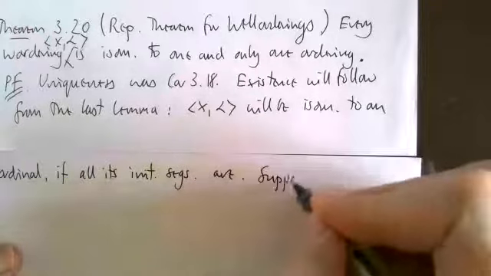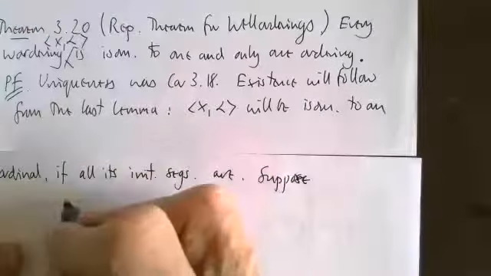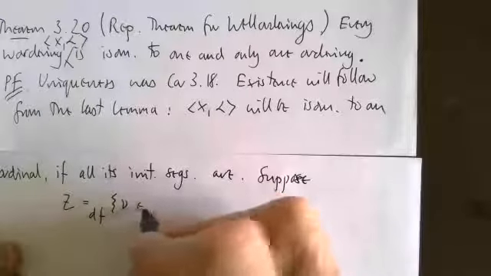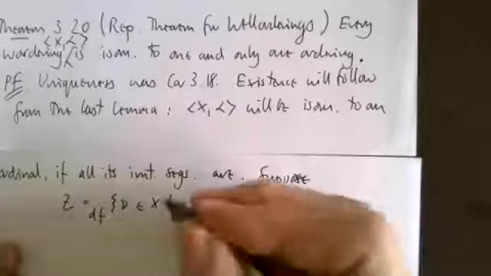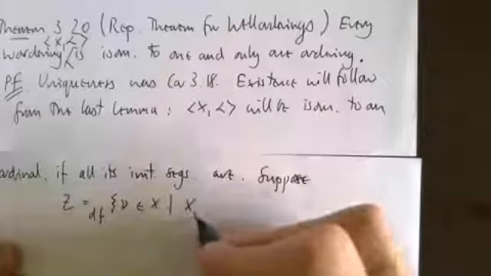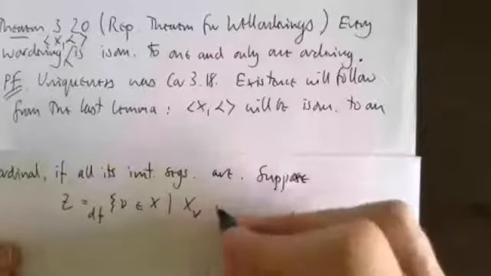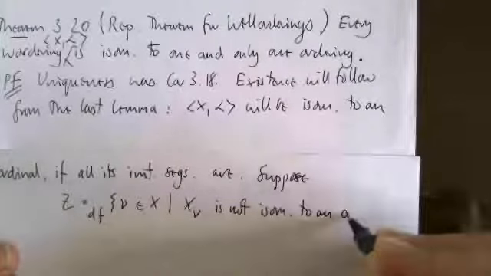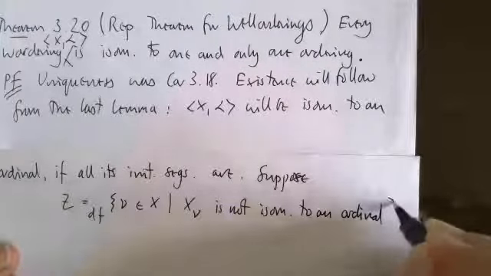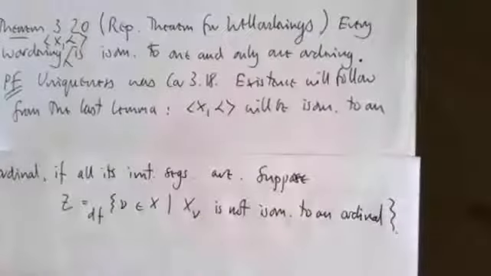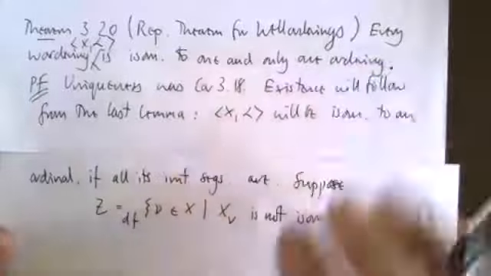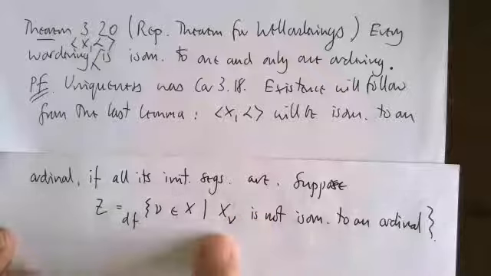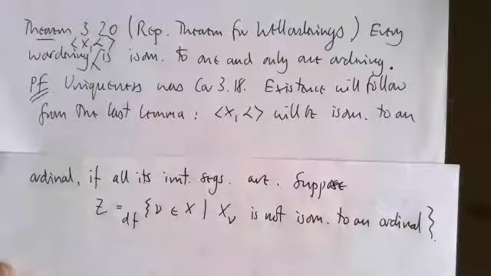Okay, so suppose now I take Z to be the collection of objects in X, the V's in X, such that the initial segment determined by V is not isomorphic to an ordinal. I'd like Z to be empty. I'd like all the initial segments of X to be isomorphic to an ordinal, because then I can deploy the last lemma and conclude that X is isomorphic to an ordinal.